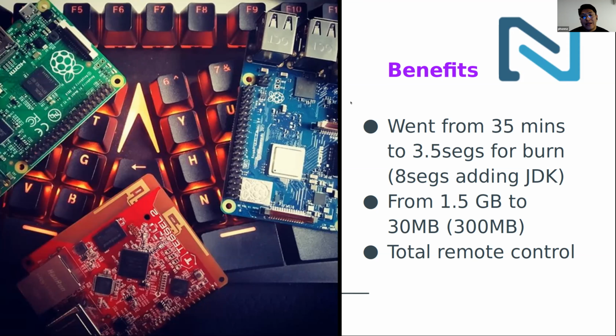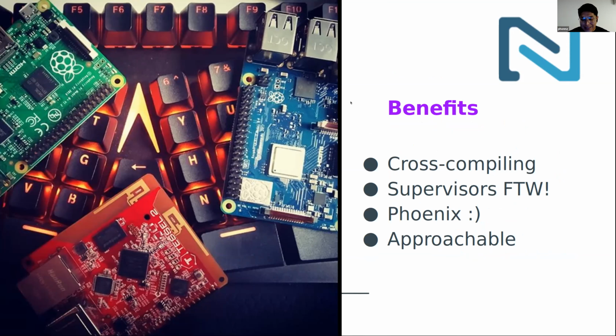And one other benefit is that we have total remote control. We have a lot of tools inside the Nerves ecosystem, so we are really able to know what is happening inside the system, not even in the same network. We can do it remotely from the other side of the world.